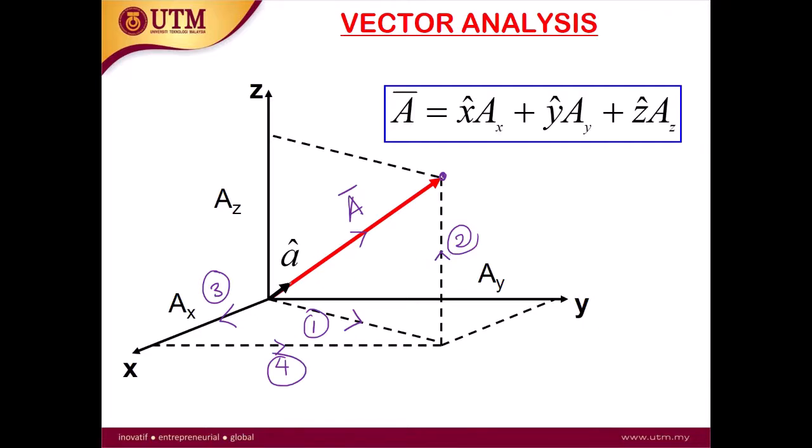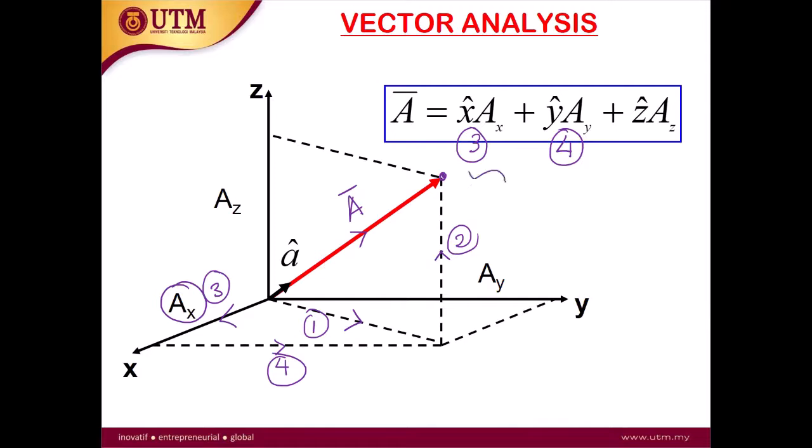So how do we define vector 3? Vector 3 is equal to Ax in the direction of x. And then going along the y direction, we have vector 4. Vector 4 is equal to Ay in the direction of y, which is the y component.